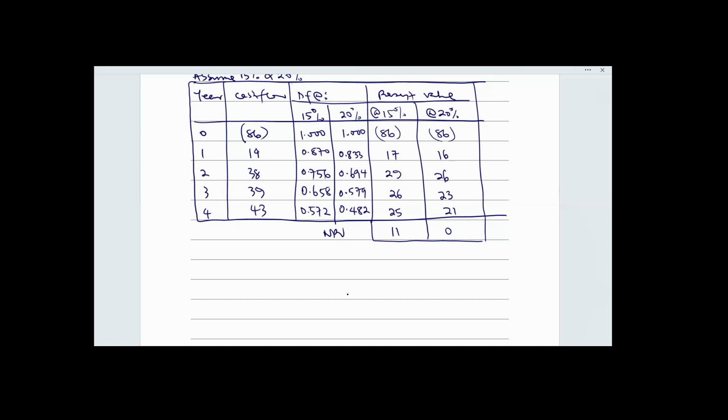And you remember the definition of internal rate of return. We state that IRR is the rate of return that equates the present value of future cash flows to 0. That is, any discount rate that produces 0 NPV is your internal rate of return.